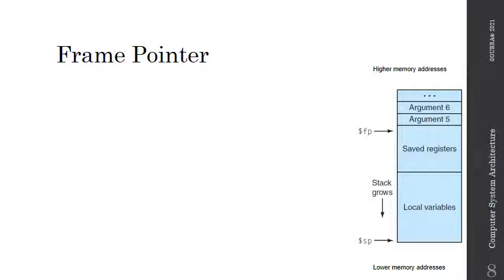So someone suggested, even before showing that slide, that maybe it makes sense to have another pointer saying that this is the beginning of my frame, and it is exactly the case of the MIPS people and many others actually, to use a frame pointer to keep track of the beginning, the base in a way, of your frame.